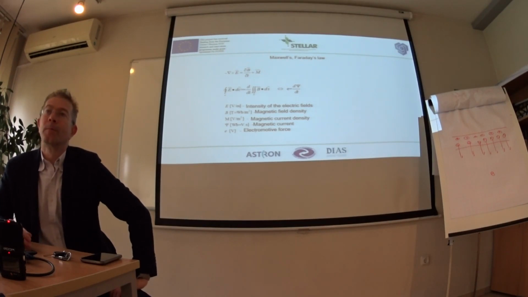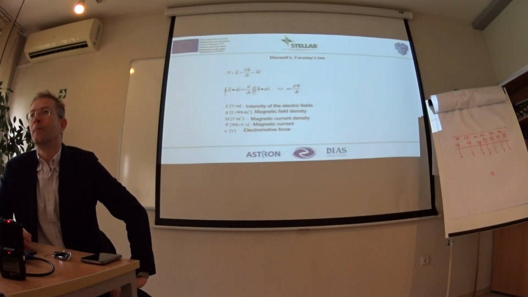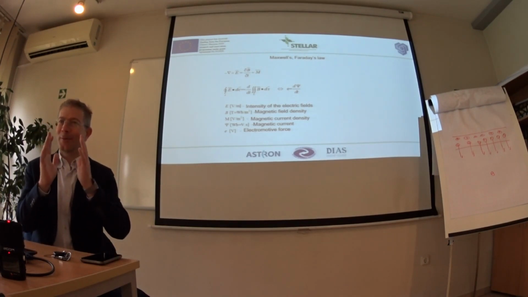So what does it mean intuitively, magnetic current? The electric current is the motion of actual particles. The magnetic current is the same: motion of magnetic charges, which we don't see. We see only part of the universe.